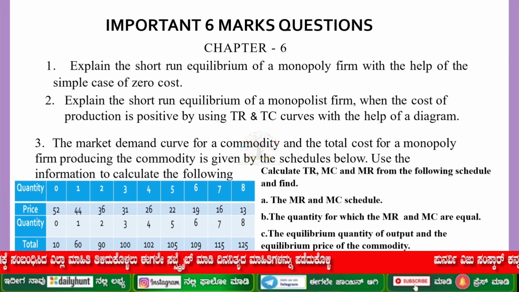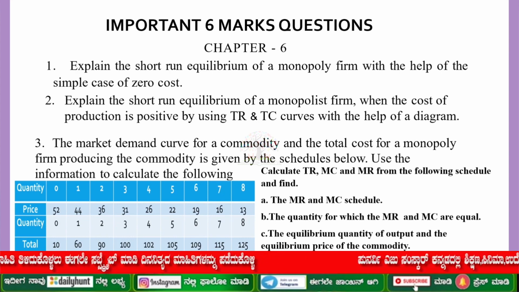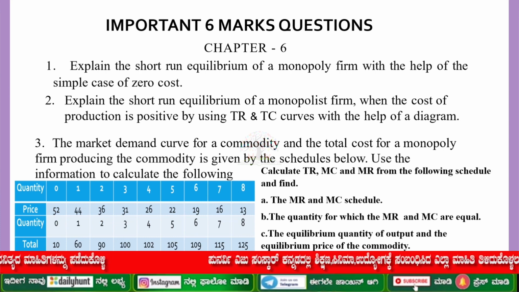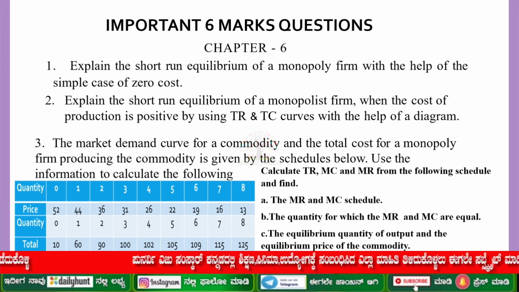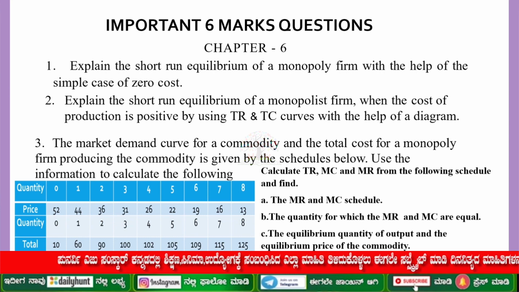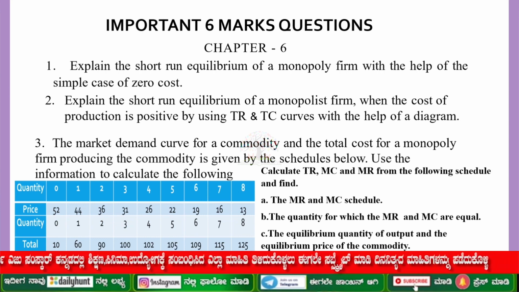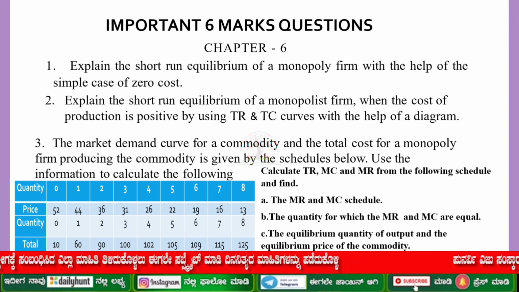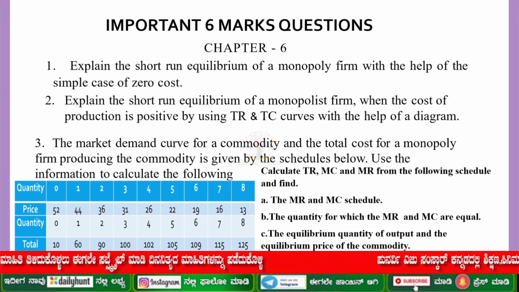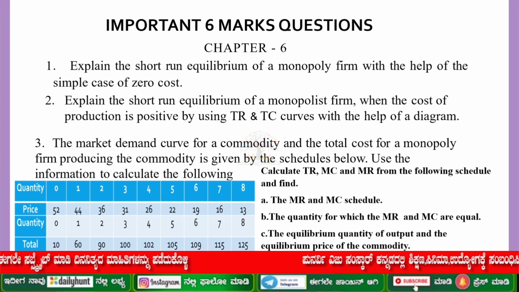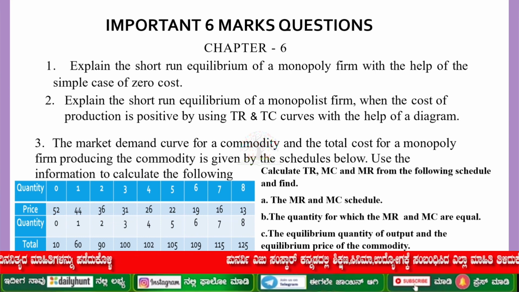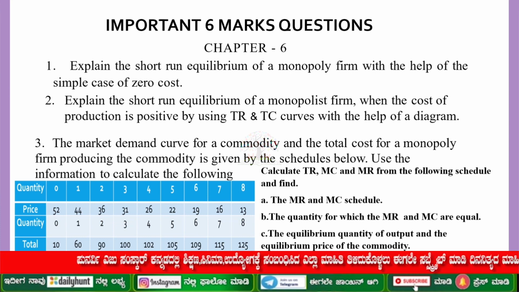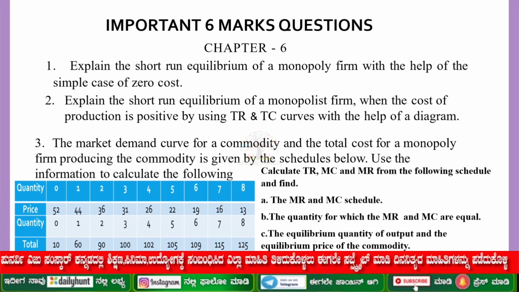And from the 6th chapter also, you can expect one 6-mark question. From this chapter, there are 3 important questions. First one is short-run equilibrium of a monopoly firm with the help of the simple case of zero cost. One more question is short-run equilibrium of a monopolist when the cost of production is positive, using TR and TC curves with the help of a diagram.